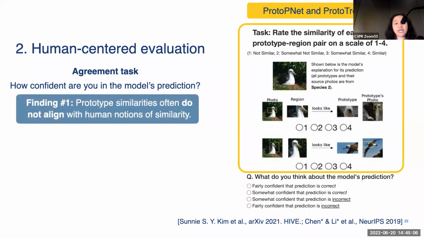And second, it allowed us to compare how well the computed prototype similarities align to human notions of similarity. It turned out that when we compared participants' ratings of prototype similarities, we found no significant correlation between their ratings and the model's computed similarity scores. Our study confirmed previous anecdotal observations made by prior work, but this is the first systematic study that quantified and substantiated this claim.